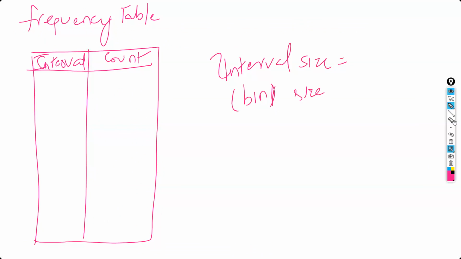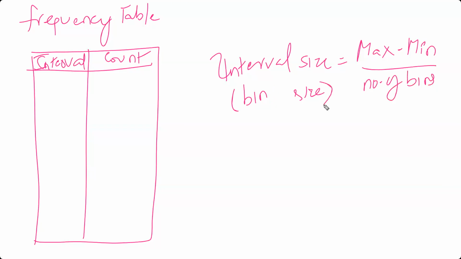This is nothing but the maximum value minus the minimum value divided by the number of bins, meaning total how many bins you want. So if you fix the size, the number of bins will be calculated. If you fix the number of bins, the interval size will be calculated.